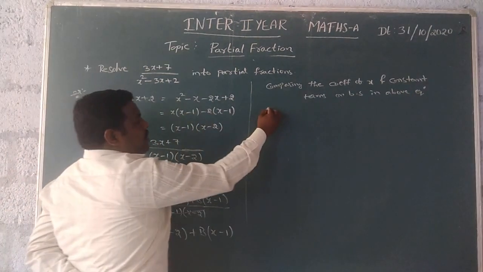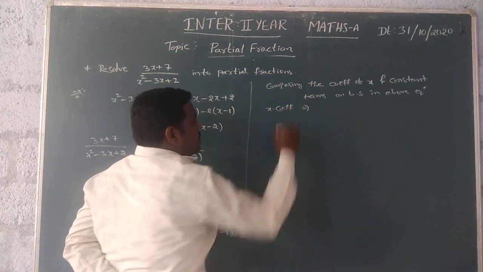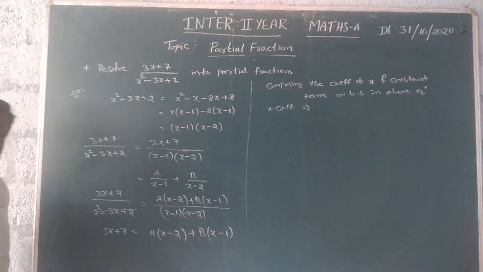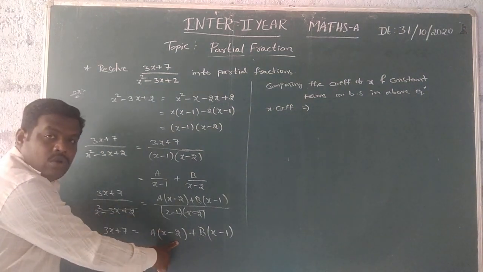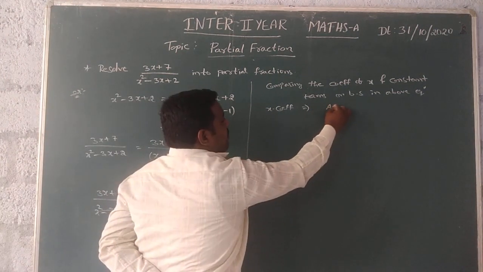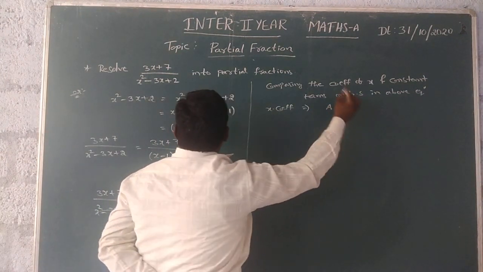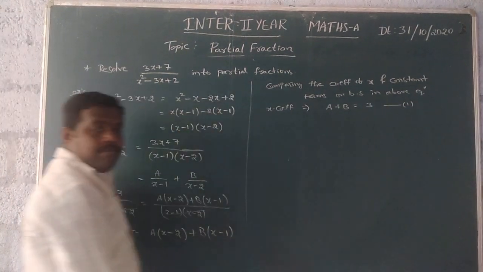So the x coefficients: on the right side, the x coefficients are A plus B is equal to, left side x coefficient is 3. Consider that as equation number 1.